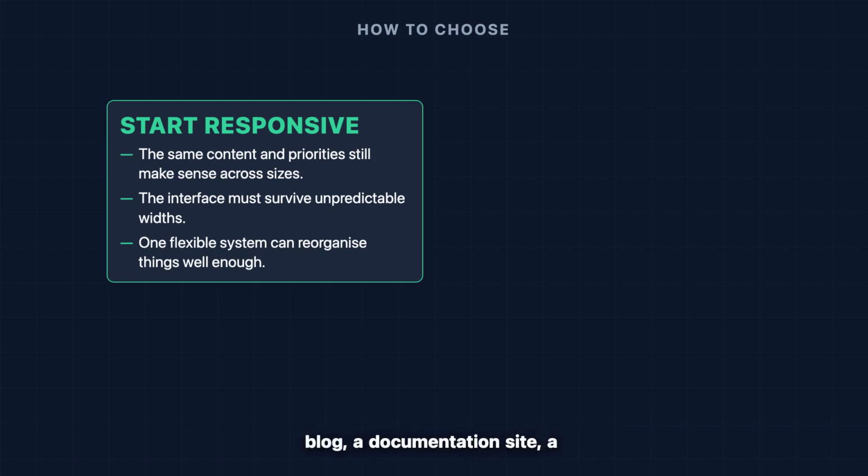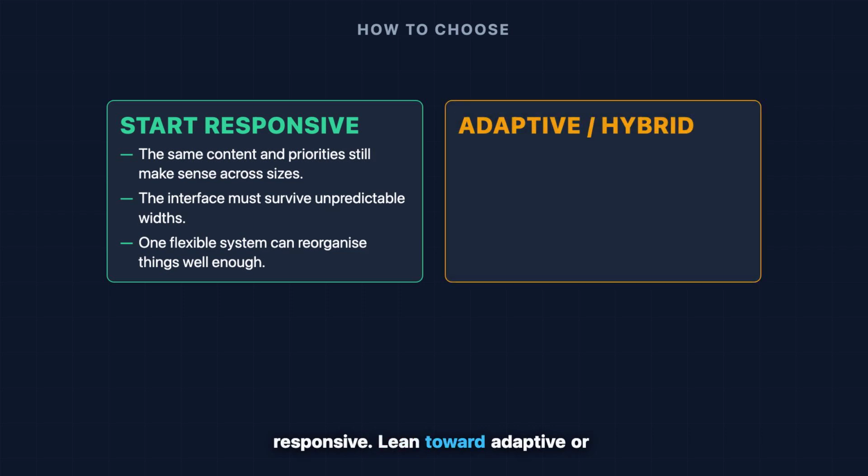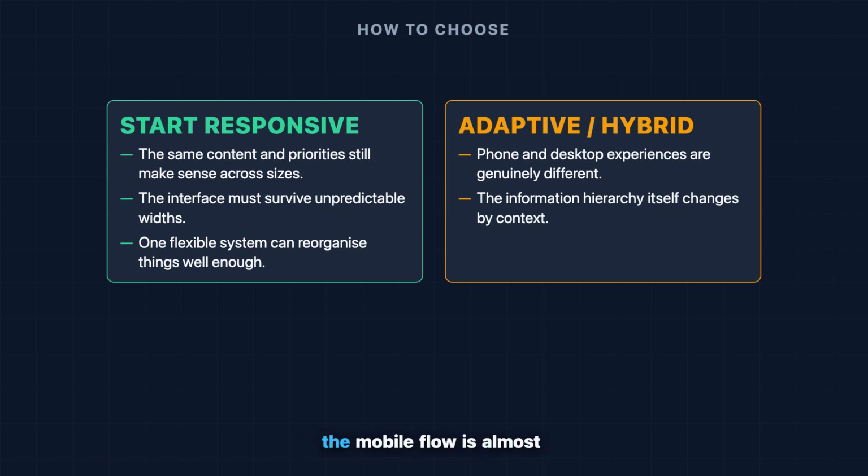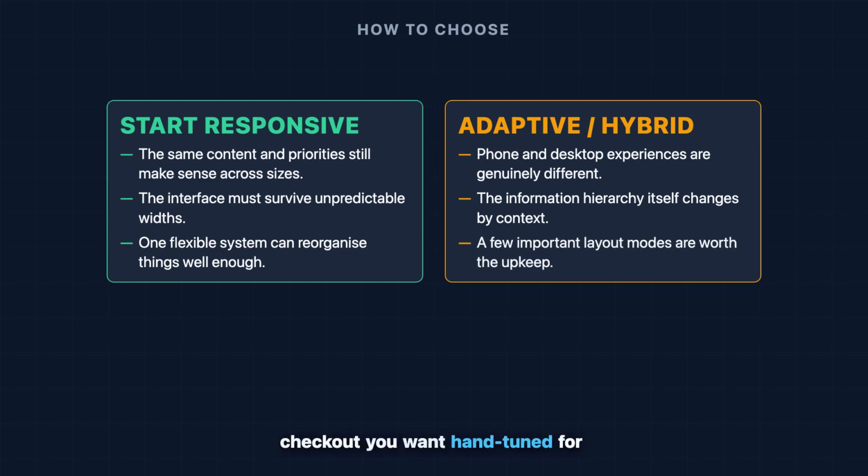A blog, a documentation site, a news page where the same information stays important, that leans responsive. Lean toward adaptive or a hybrid when the phone and desktop experiences are genuinely different. A dense app where the mobile flow is almost its own product, or a checkout you want hand tuned for a few important layout modes.